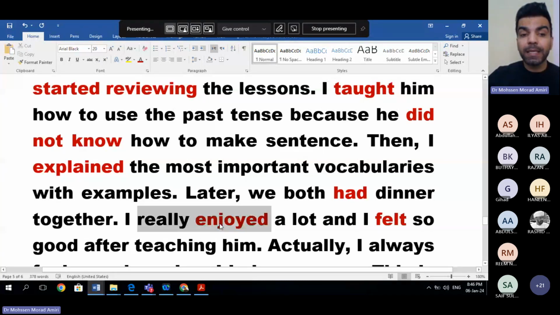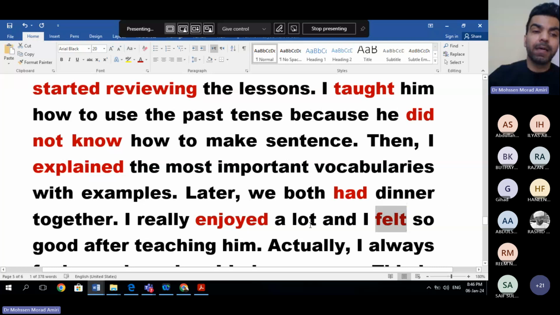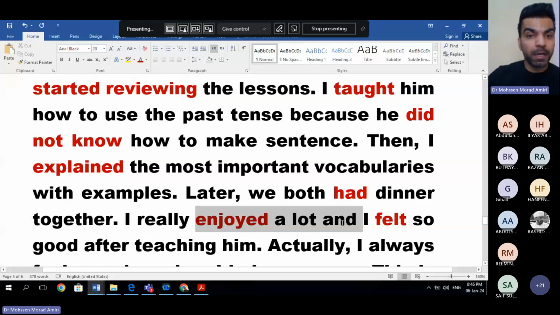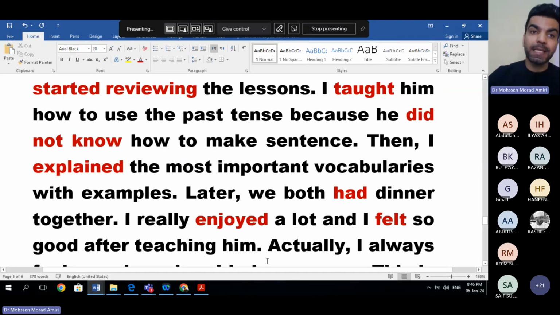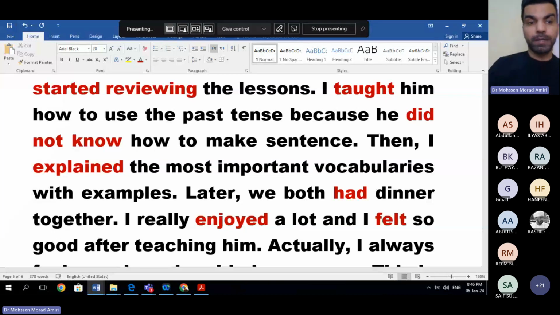I really enjoyed a lot, and I felt, the past of feel, felt. Using the word really, I really enjoyed a lot. A lot, don't write it together. See, that's wrong. It should be with a space. Separate. So these are points to remember.